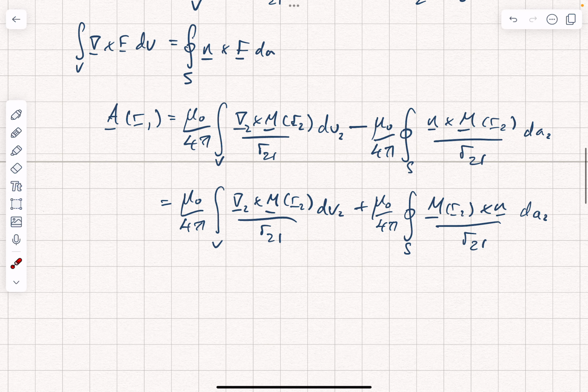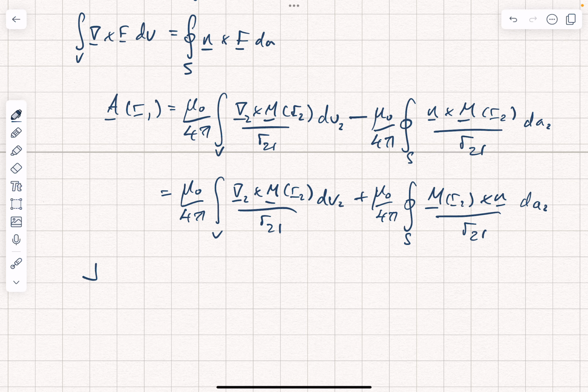And as I've been alluding to, this something is going to be a volume current density, and this thing here is going to be a surface current density. They're both related to the magnetization. And this again looks very, very similar to what we saw with polarization, but of course because it's magnetization it's a bit more complex, and we're using curls and cross products instead of divergences and dot products.